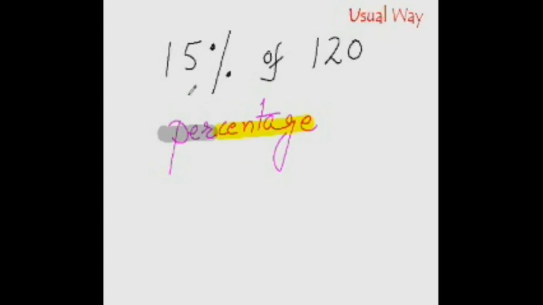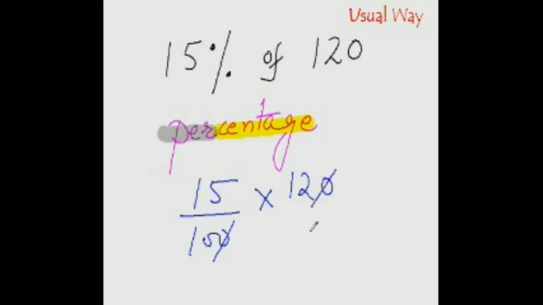So in order to find 15% of 120, all you need to do is write 15 over 100, isn't it? 15 out of 100 times 120. Now just simplify it, cancel out this 0 here, this 0 here. Now you have to find what is 15 times 12.